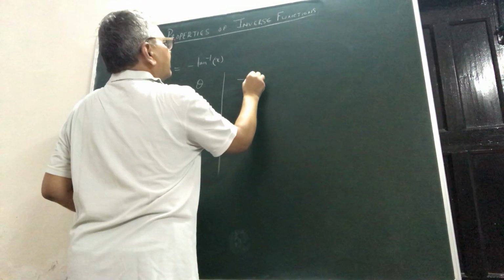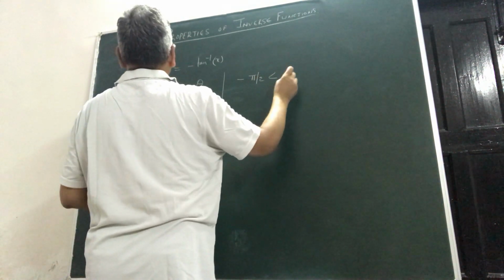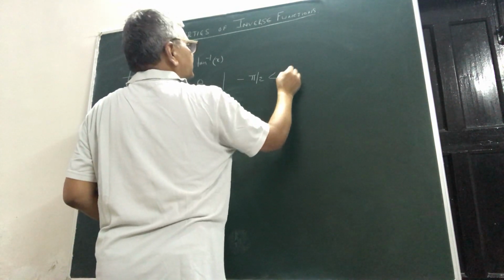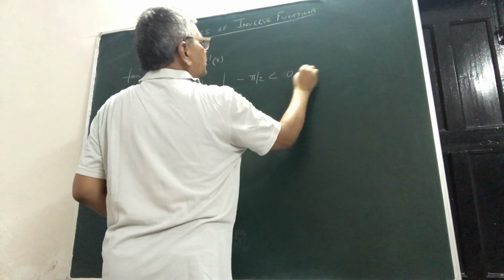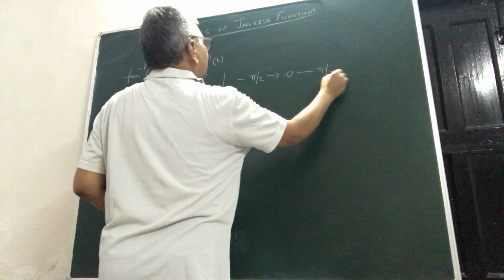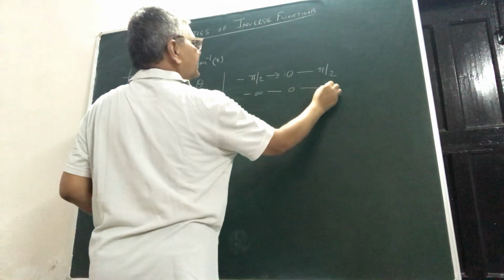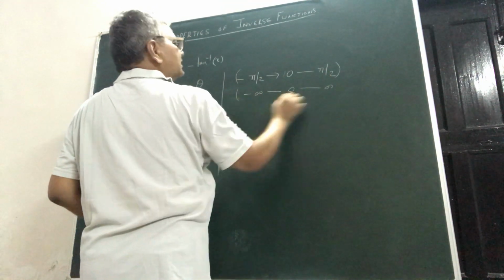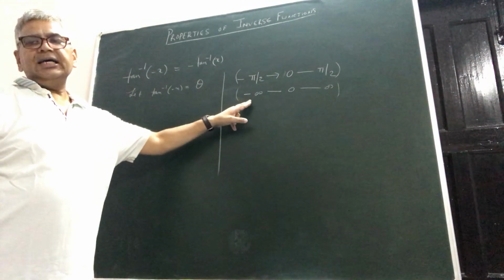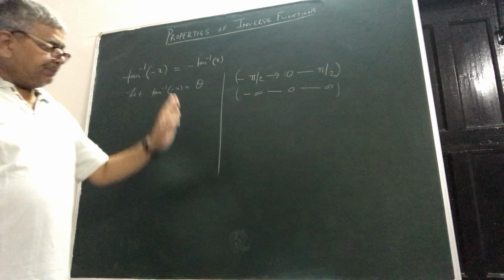It is from minus pi by 2 to pi by 2, so theta lies here: minus pi by 2, 0, and pi by 2. And the values change from minus infinity to 0 to infinity. It is an open interval. This is the domain of tan theta, and these are its values in the principal branch.